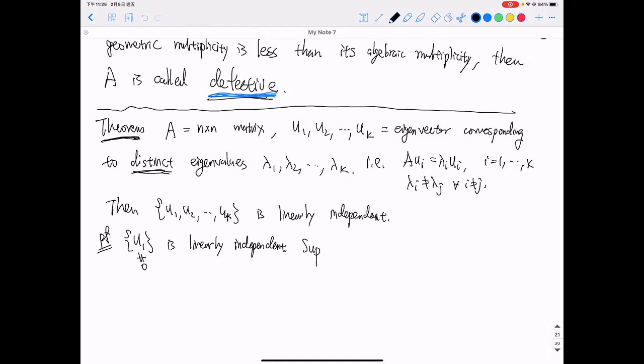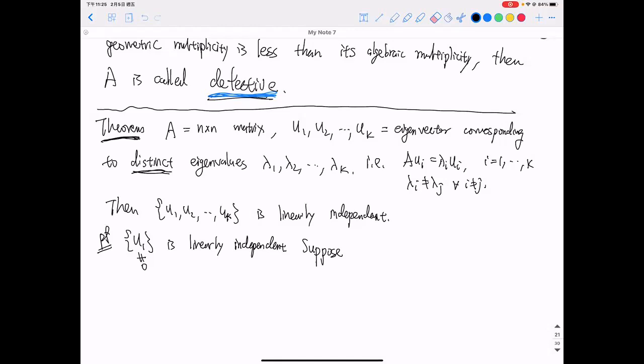Maybe it's possible that at some point, after throwing in U2 and several more, you get a set that's linearly dependent.